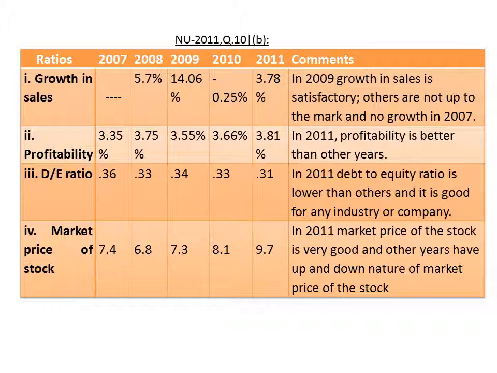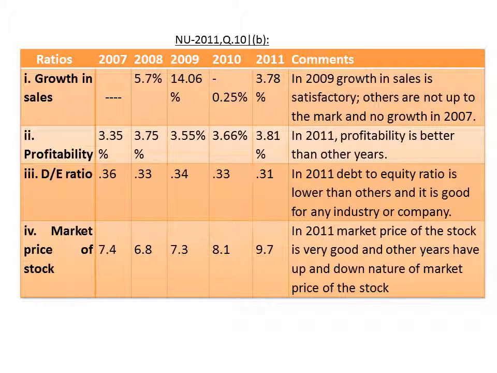Number 2, profitability, that means profit margin, net profit divided by sales. In that case 2007 is 3.35%, 2008 3.75%, 2009 3.55%, 2010 3.66%, 2011 3.81%. Here we get the percentage of profitability using the profitability formula.